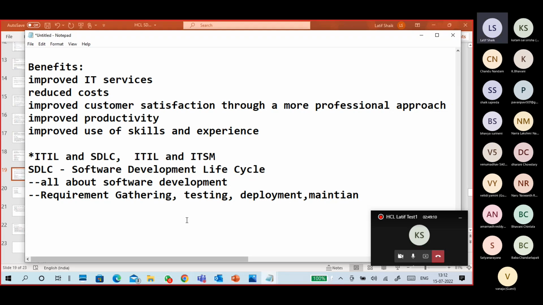Okay. So the first point is requirement gathering, plan according to it, design it, develop it, test it, and deployment, deploy, maintenance.